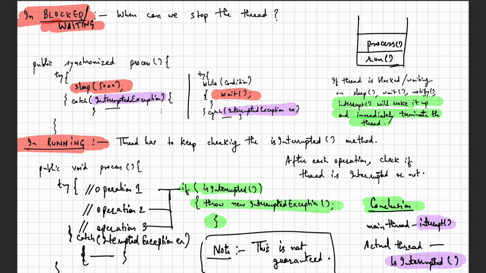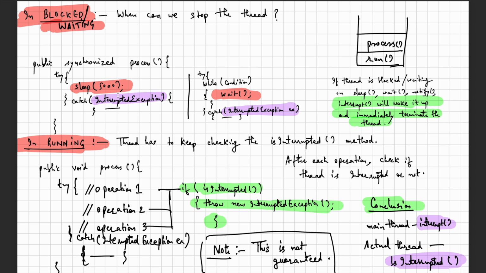All those operations you would be performing here. That is the main reason your sleep method, the wait method or other methods provide the InterruptedException, the checked exception, which the developers have to catch.